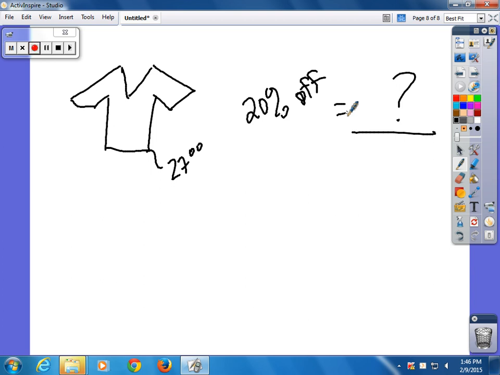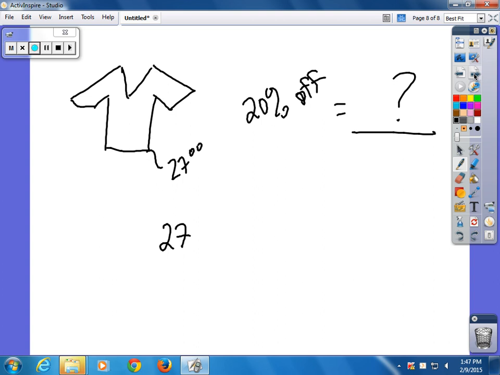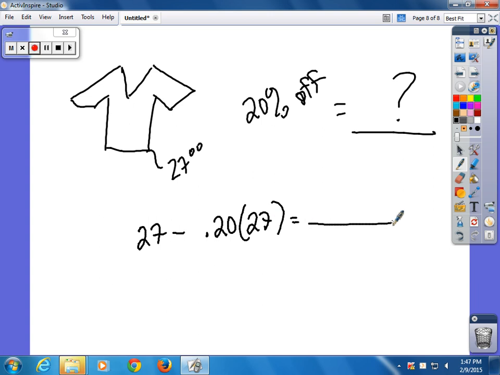So this would be 27. This is the one you could actually do the sentence problem on. 20% of 27 is, and then do another step. Or you could do the Walmart equation: 27 minus 0.2 of 27 is equal to the total cost.